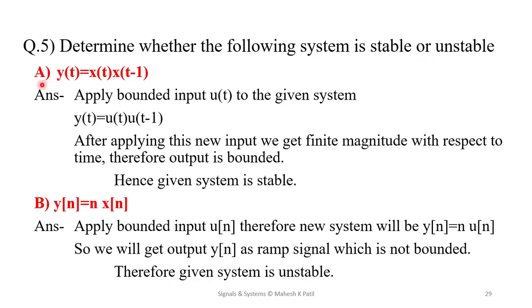We'll consider the first equation here: y(t) equal to x(t) into x(t minus 1). Here consider the bounded input as u(t), that is the unit step signal, and apply this to the given system. So y(t) will become u(t) into u(t minus 1).